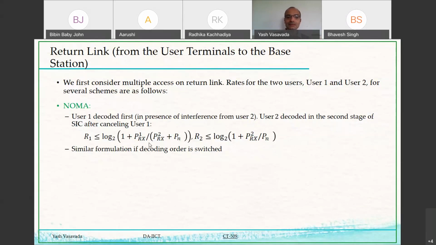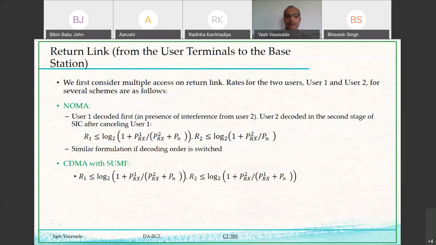Obviously, we can decode user 2 first and then user 1. Then the only thing that changes is this PRX1, PRX2, they get interchanged. So these are the rates that are achieved in the NOMA. What about CDMA?